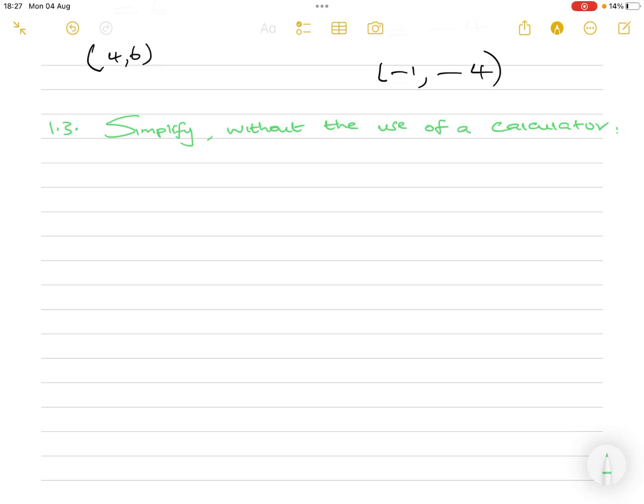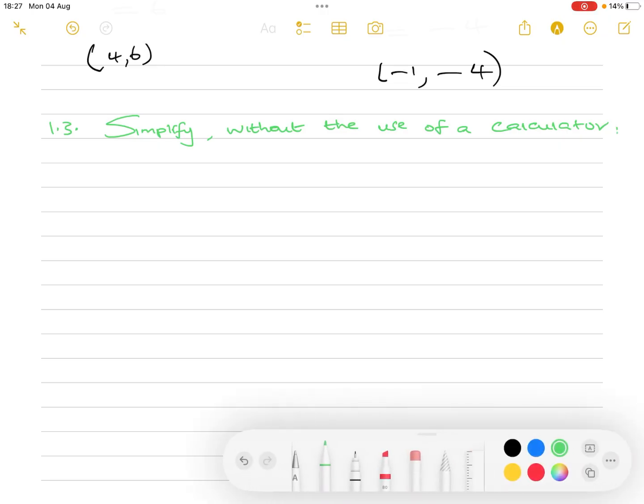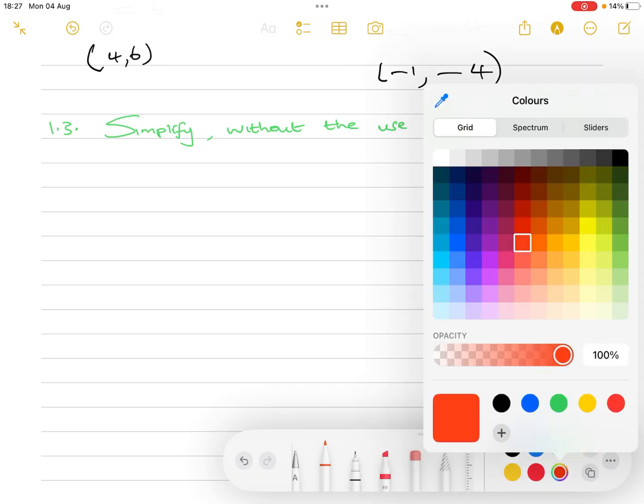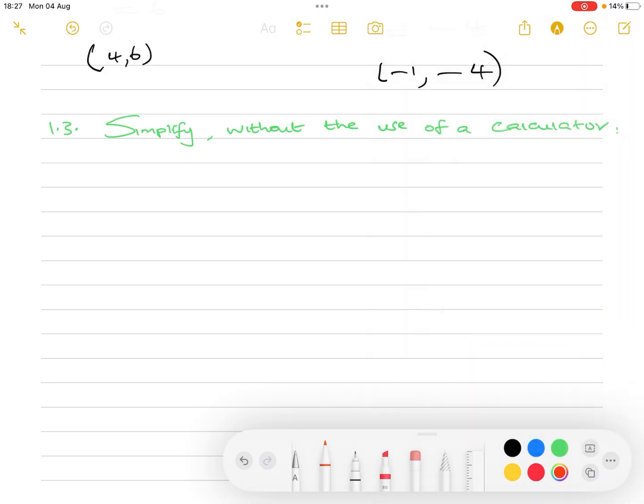Okay, what is given to us? We are told that, okay, I'll use this one.